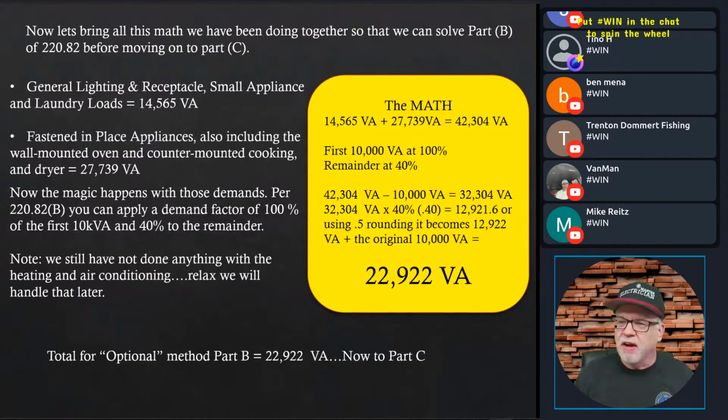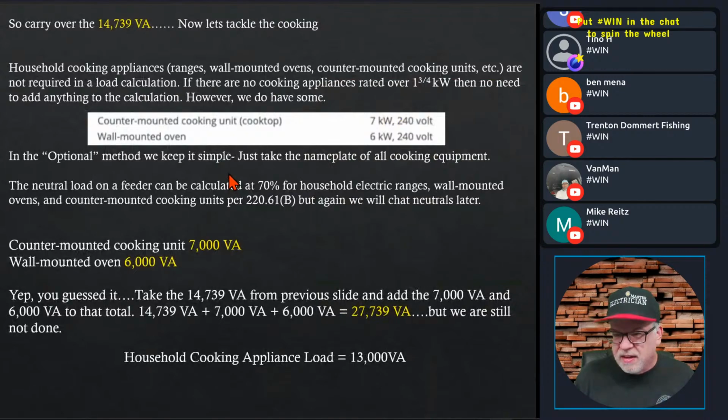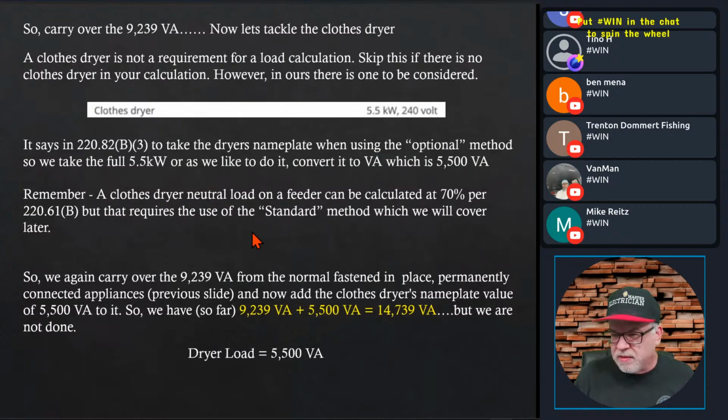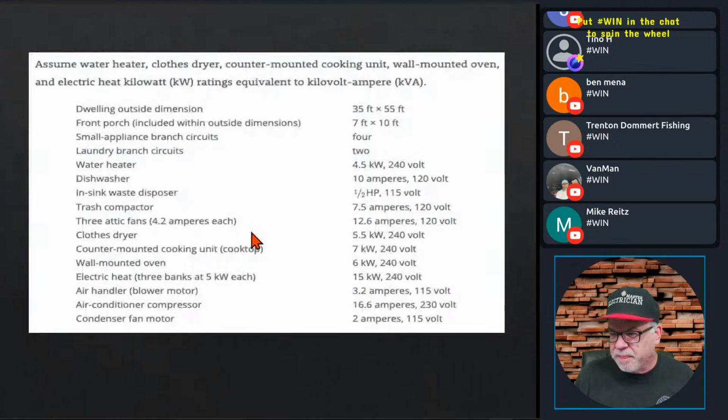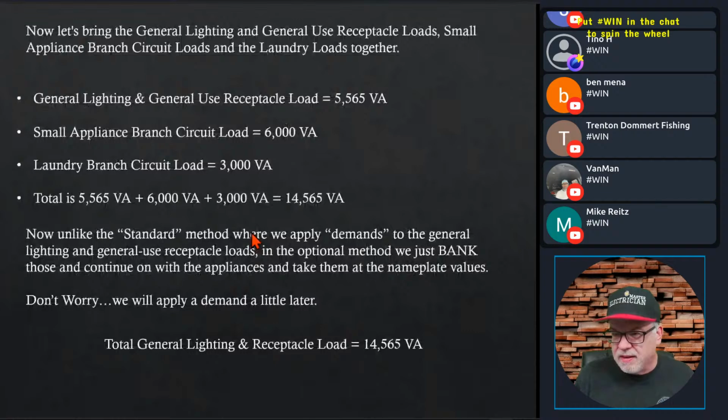Makes sense? All right, so if you look right here in my example, we took the two and added together. That gives us 42,304. I believe that was right. Let me go back real quick because I've got to check my math and I didn't fix the slide. I want to just go back and check. All right.